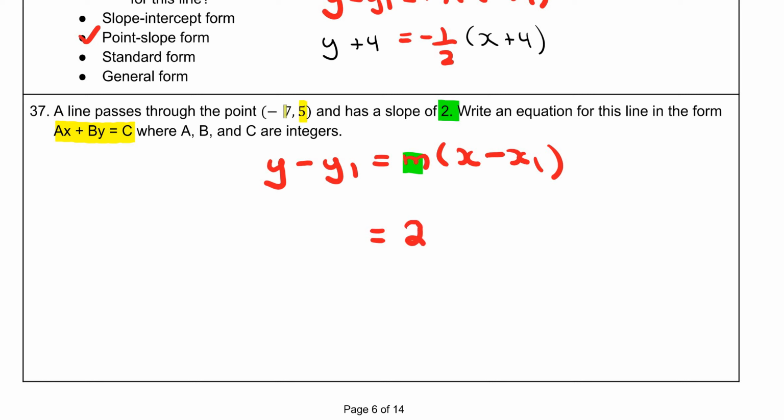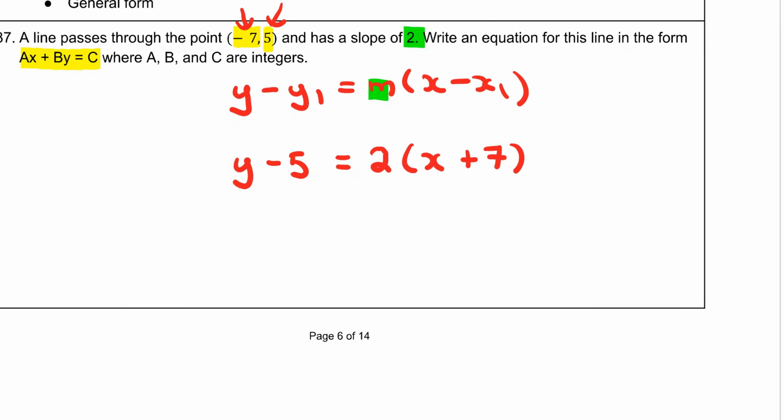And then just take the opposite values, right? So if I have negative 7 over here, that's going to be x plus 7, and if I have a positive 5, that's going to be y minus 5. Okay, so there it is: y minus 5 equals 2 bracket x plus 7.